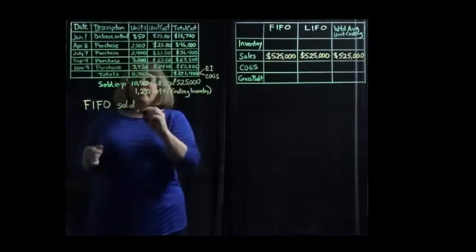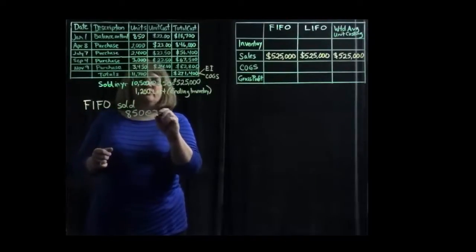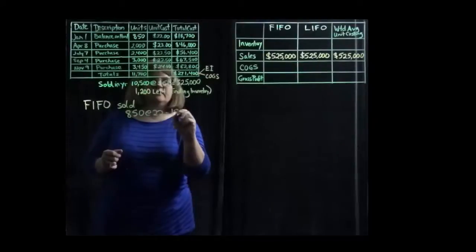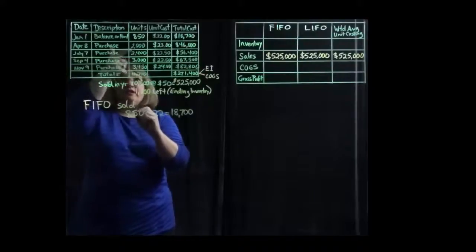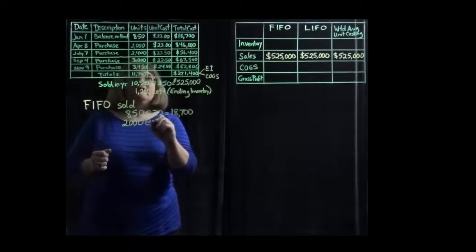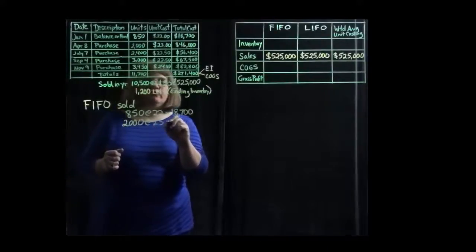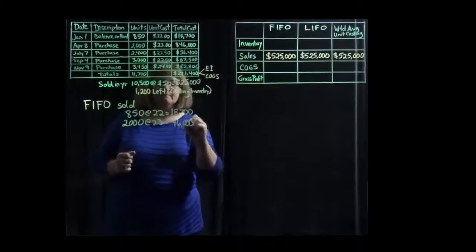We would start with that 850. That cost us $22 for the total of $18,700. And then we would assume that we sold the next 2,000 at the $23, that cost us $23, for the total of $46,000.